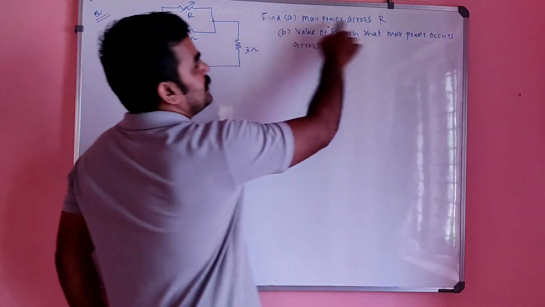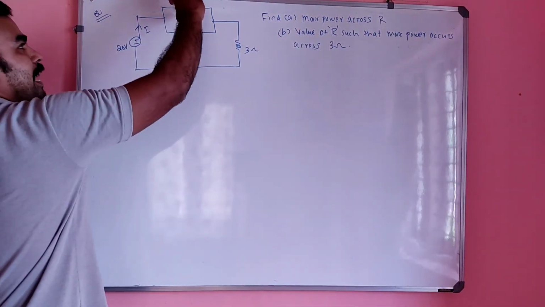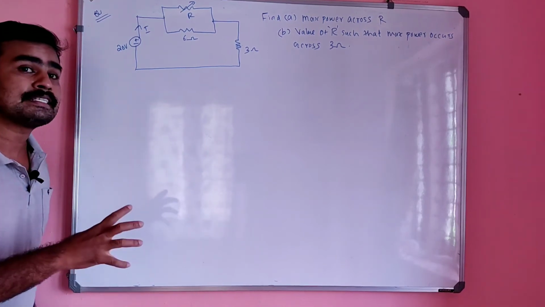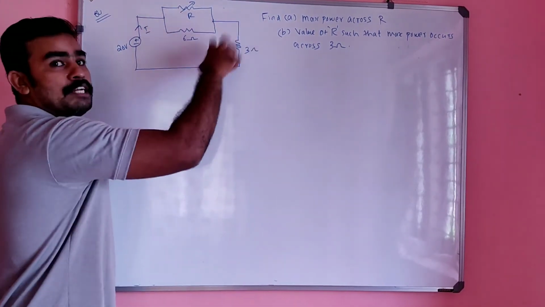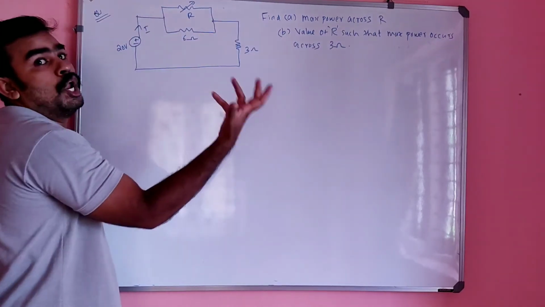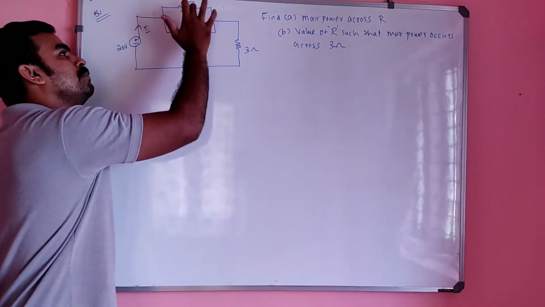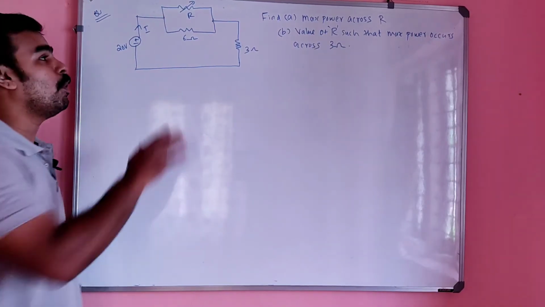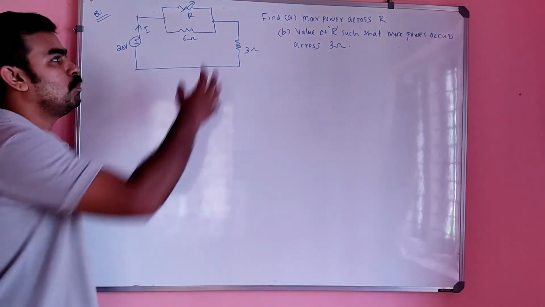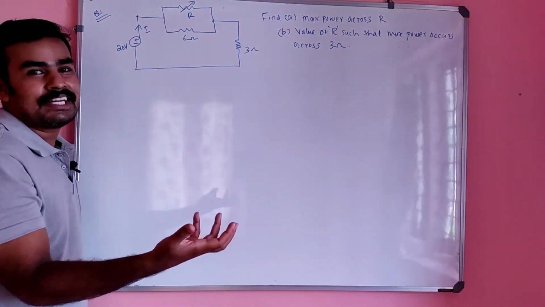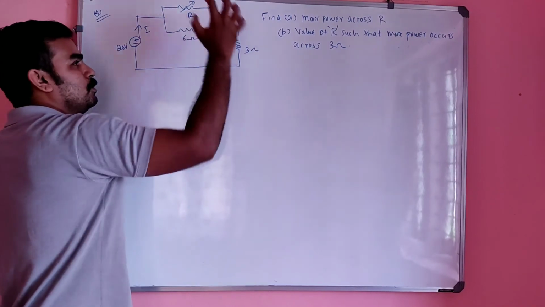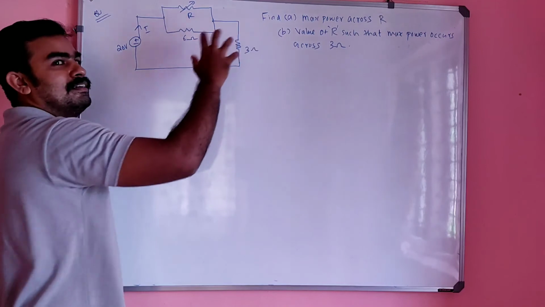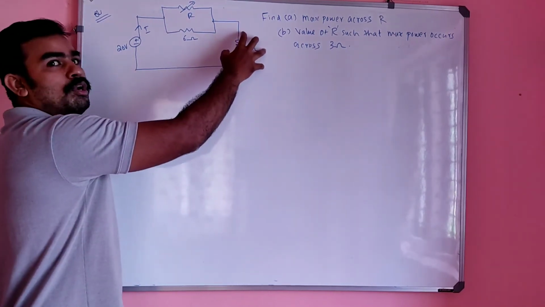So first, the maximum power across R. It is not necessary that we always calculate maximum power at one end. The load may be this value, or this value. That's my convenience. There is a convention that we always calculate power across 3 ohm, load across 3, current across 3 ohm, that means we consider these 3 ohm as the load all the time.